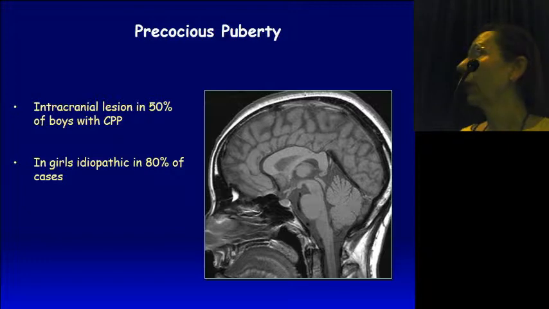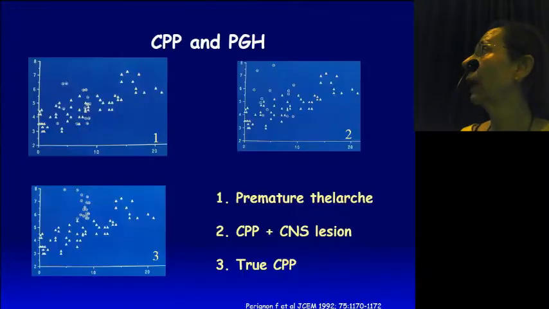If you see a girl with precocious puberty, in 80% of cases it is idiopathic. You see a large pituitary gland, a big, high pituitary gland height, but nothing else. You see a normal pituitary stalk, normal neurohypophysis, and the hypothalamo-pituitary axis looks normal. But in boys, in 50% of cases, you may find a lesion.